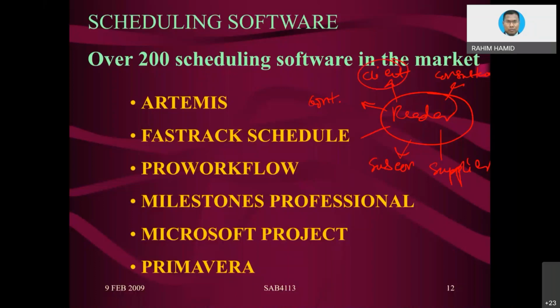JKR is the implementation agency, but there is another ministry which acts as the end user. If you are building a hospital, it belongs to the Ministry of Health. If you are building a school, there are different categories of user and implementing agency.